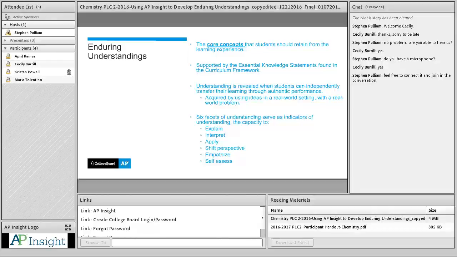Is it the same for you, Stephen and April? The challenge for me is really the time. There are a lot of activities in AP Insight and in POGIL, wherein you actually involve the students to have pair share or discuss in small groups, because that is when their perception of the concept is going to come out.